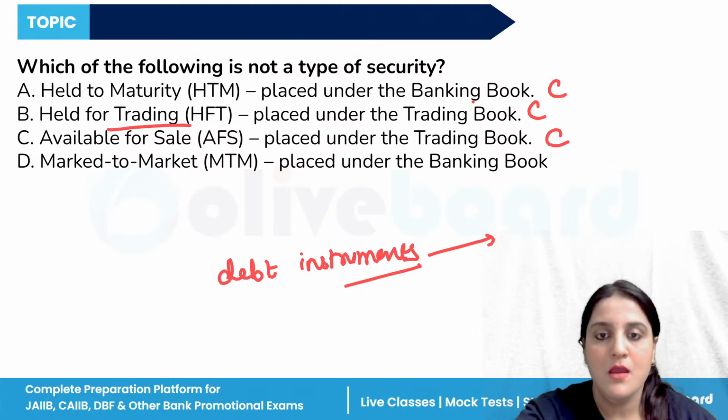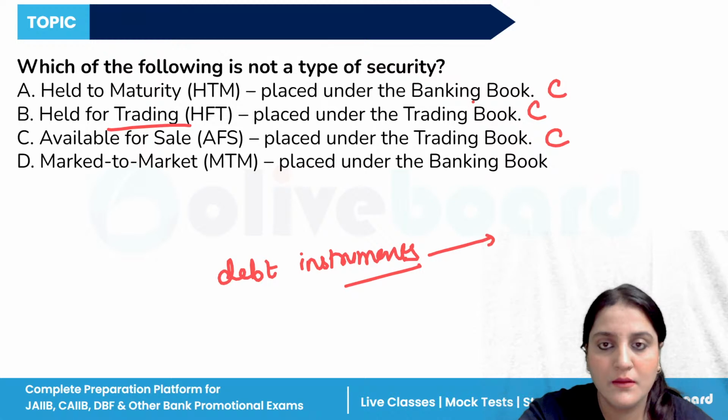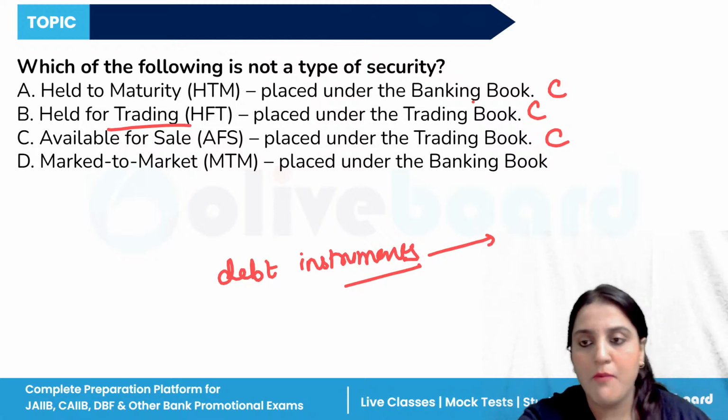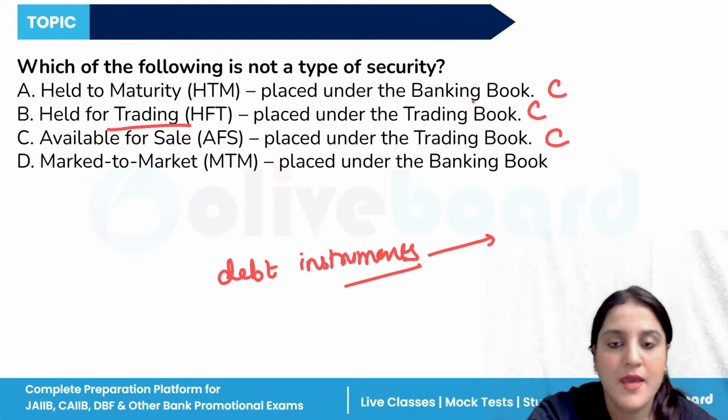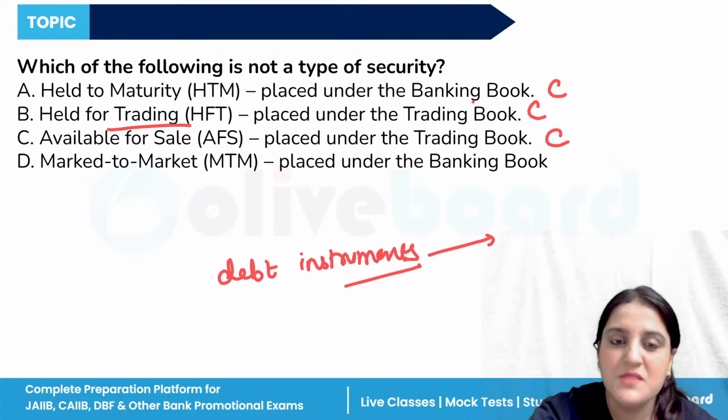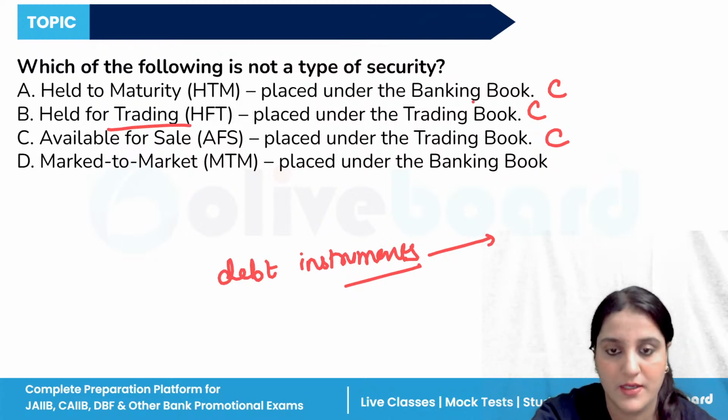And option D is mark to market placed under the banking book. If we talk about this option, this is incorrect. Why? Because mark to market is not a classification of security.